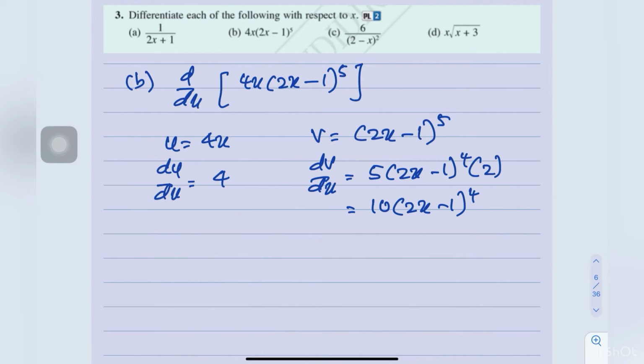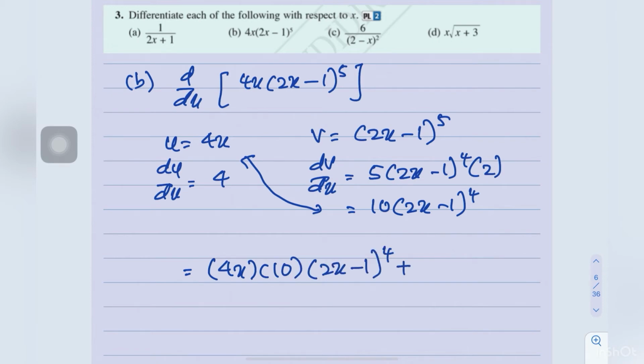So the first derivative d/dx is the product rule: u dv/dx, so 4x times 10 times (2x minus 1) to the power of 4, plus v du/dx, so 4 times (2x minus 1) to the power of 5.